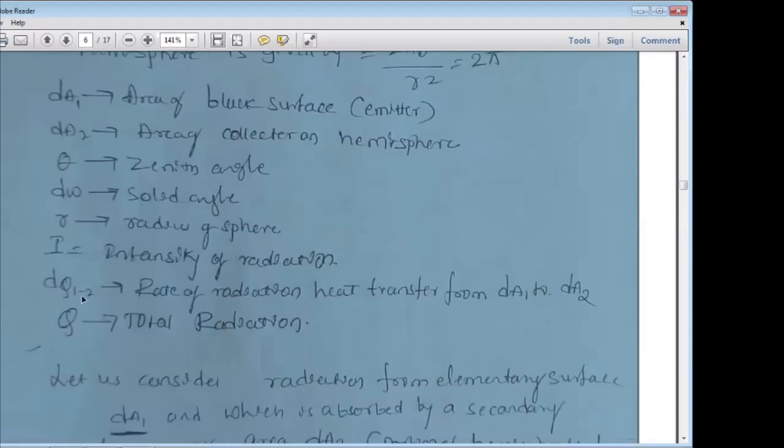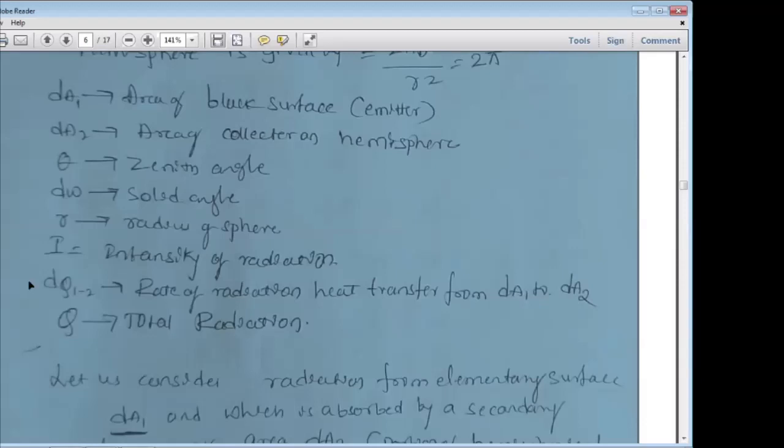Then dQ12, with suffix 12, means radiation from area 1 to area 2. dQ12 is the rate of radiation heat transfer from dA1 to dA2 by radiation. dA1 is the black body radiating the energy, and it will be intercepted by the area dA2.